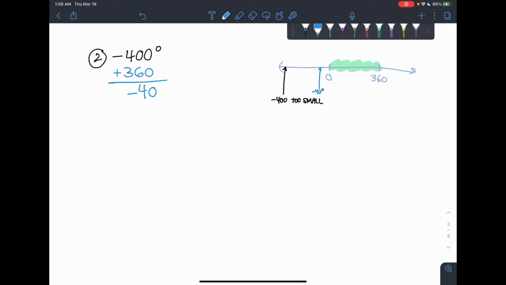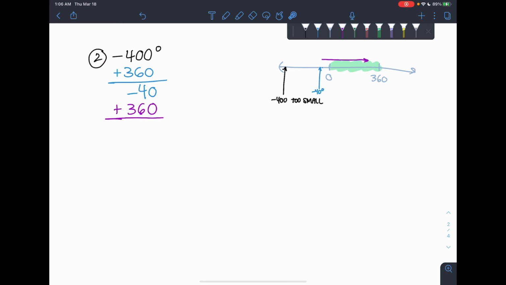So we're going to have to add 360 again, but I think for sure we will land in our sweet spot. So when we add 360, we're definitely going to have positives since there's more positives than there are negatives.